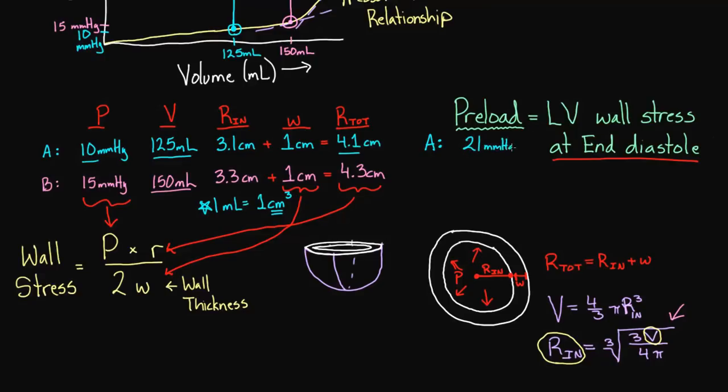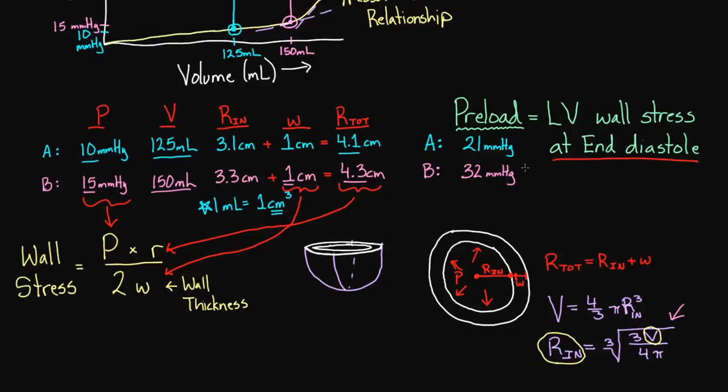So preload, another interesting thing about it, is measured in pressure units. And in situation B, we've got 15 times 4.3, again divided by 2 times 1. That math works out to 32, rounding off. So 32 millimeters of mercury.